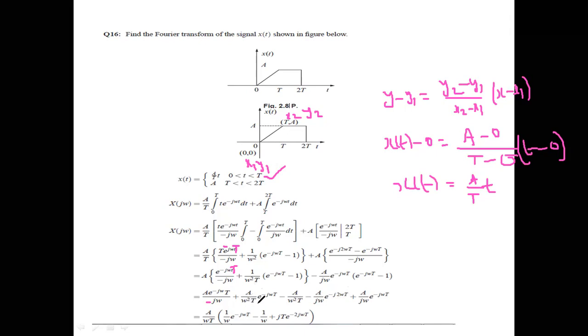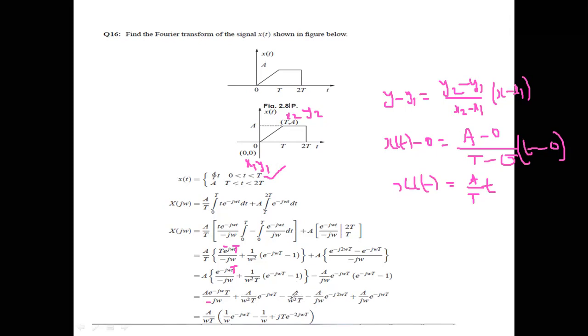And A by omega square into t e power minus j omega t is the first term we'll get here. A by omega square into t e power minus j omega t, and a minus omega minus 1 by j omega into A by omega square into t square.